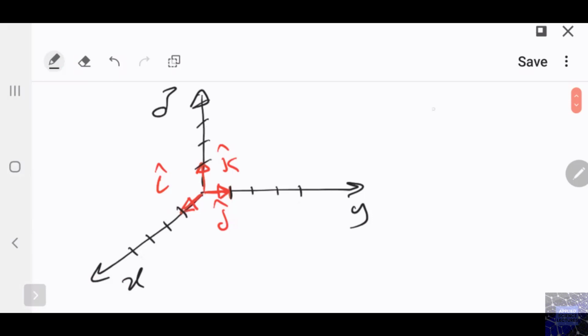So if I have a point that I would like to define in this coordinate system, this point has its coordinates as x, y, and z in this order.